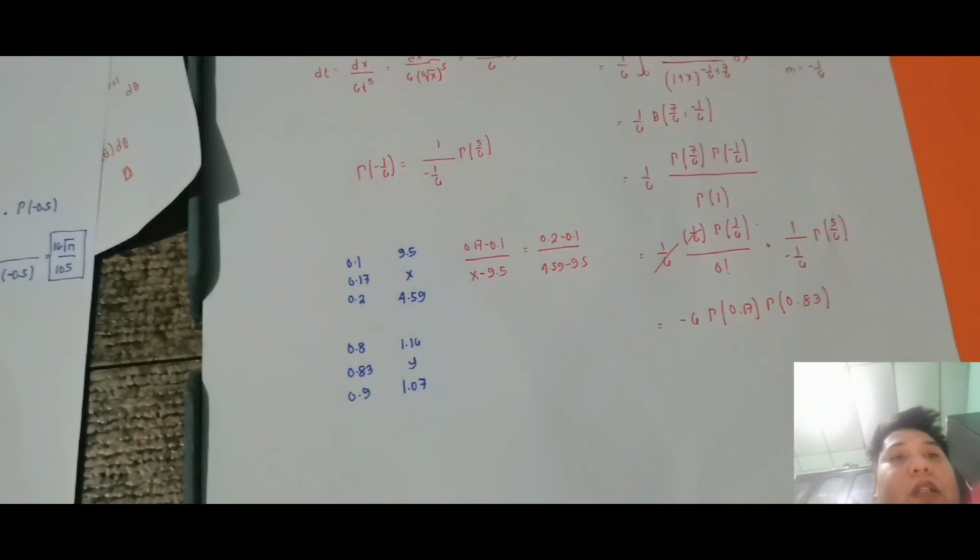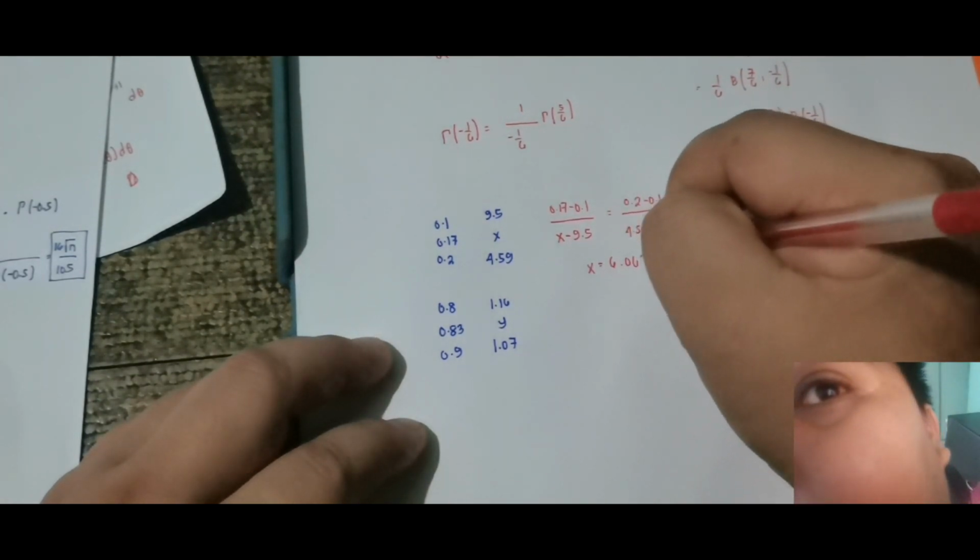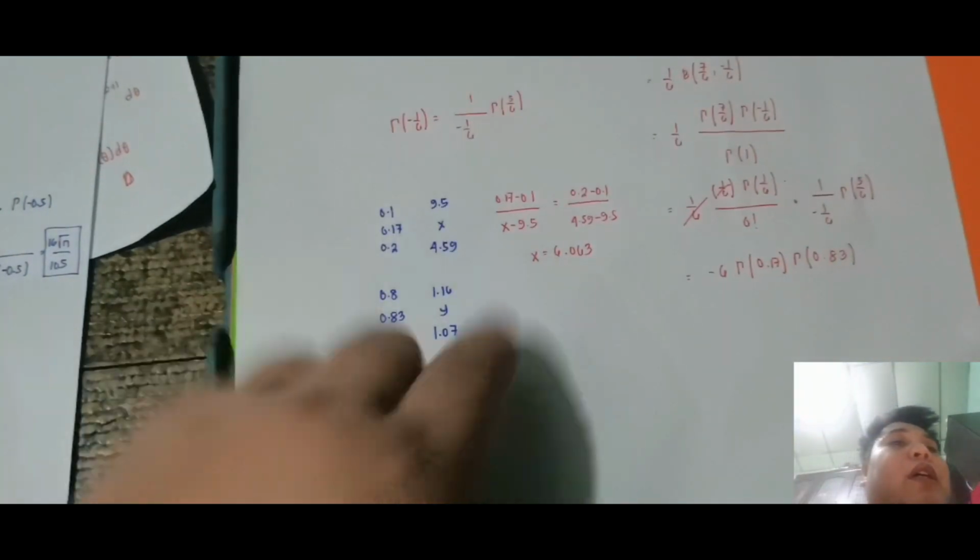So, mangyari 0.07 multiply by 4.59 minus 9.5, okay, then divided by 0.1, okay, plus 9.5. Okay, that is 6.063. So, x is 6.063.